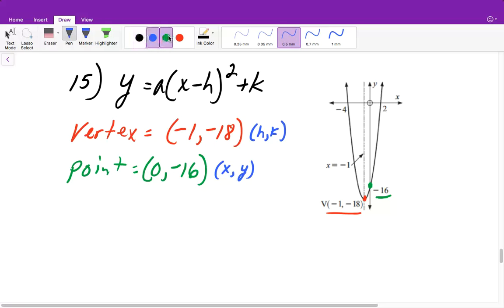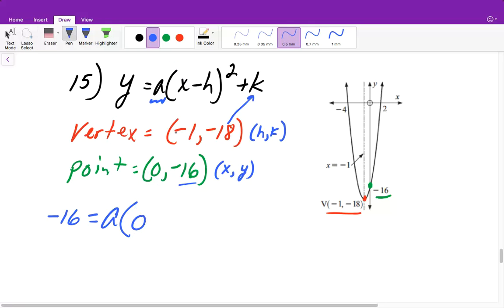So we can sub it in. So now we're given y, which we know is equal to -16. And we're not going to use this y value because we know this y value actually gives us our vertex. So it's equal to, and the only variable that we don't know yet is a. So that's the one that we're going to leave as a variable. Our x is part of this equation, so it's 0.